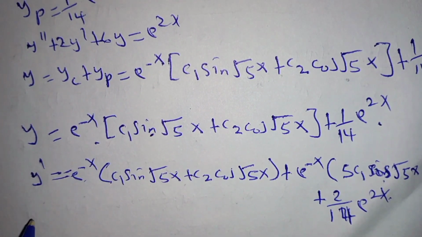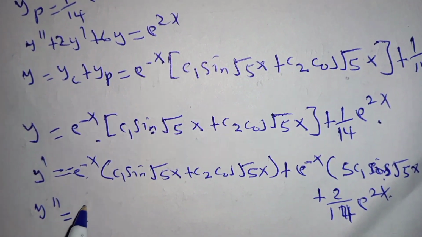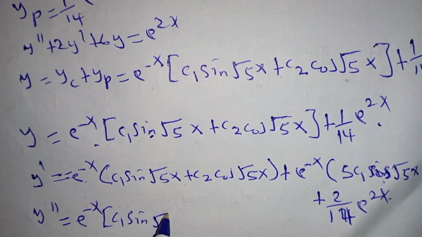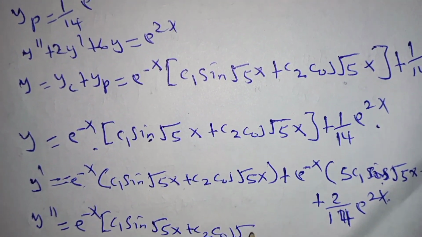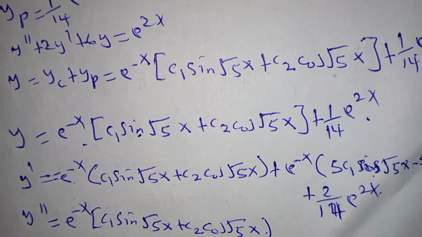Then you differentiate this again to get y double prime, equal to exponential negative x into bracket c1 sine of root 5x plus c2 cos of root 5x. You close the bracket. Then you move on.